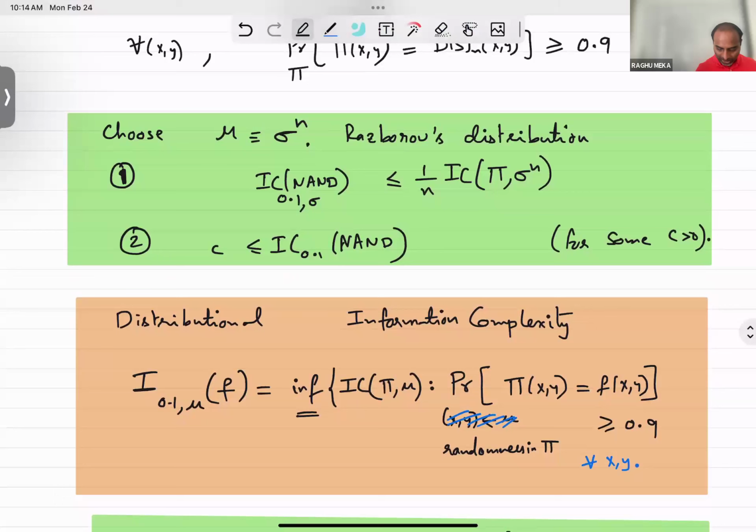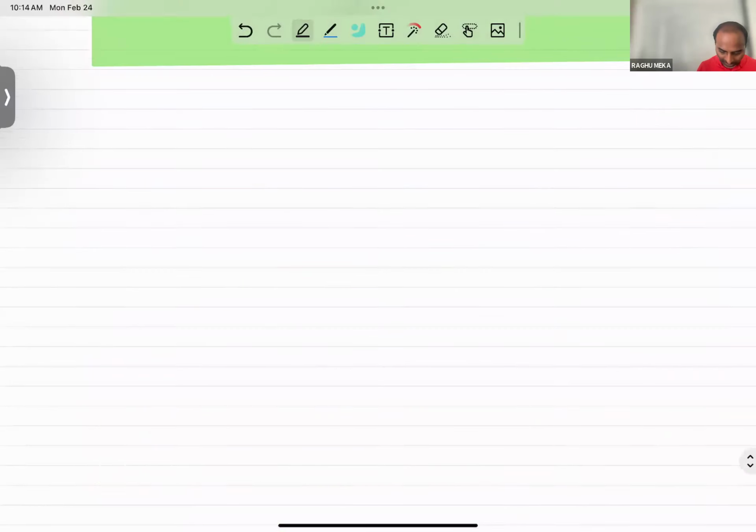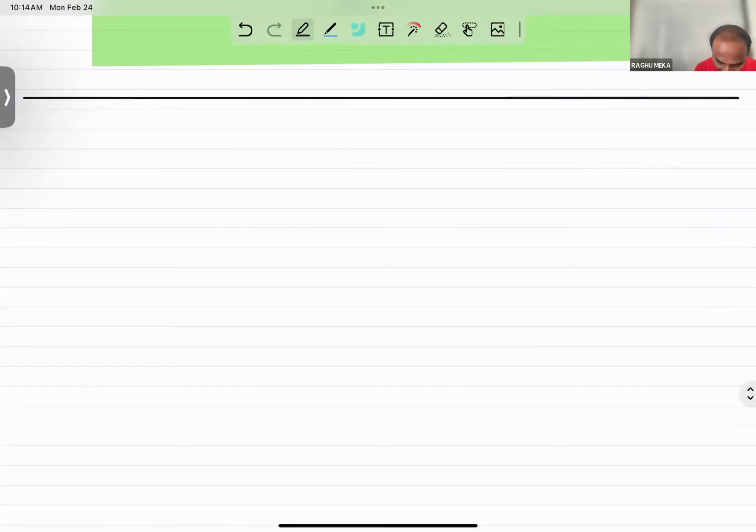Okay. So let's focus on the first part, which is I would say the heart of the proof. We're trying to say that the information complexity of the single bit NAND function with respect to the distribution sigma is at most 1 over n times the cost for disjointness with sigma to the n. So how do we prove such a thing?